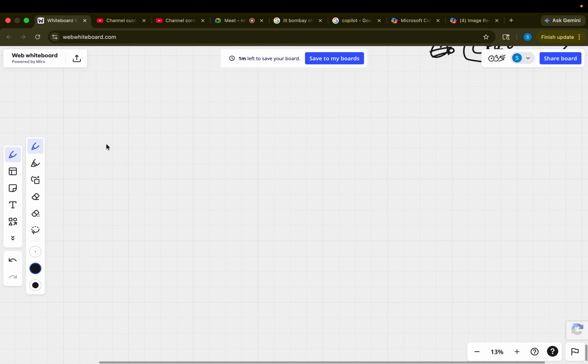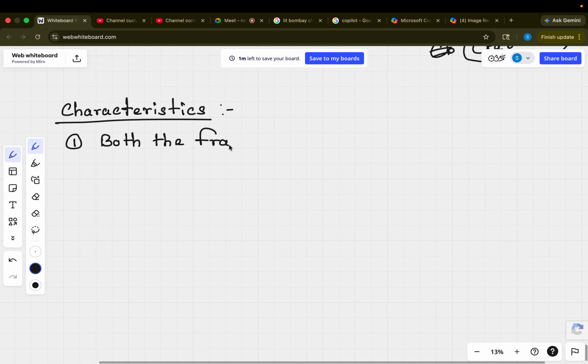Next, write down the characteristics. What are the characteristics we will get? Number one, both the fragments have the same symmetry.